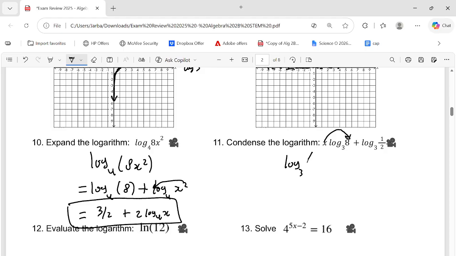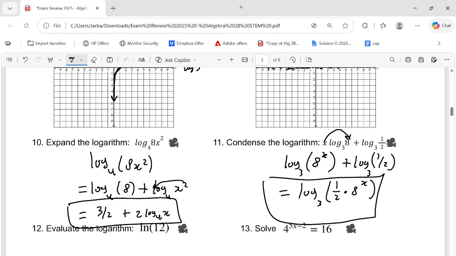So it's the same thing as log base 3 of 8 to the x plus log base 3 of 1/2. Now adding these things together on the outside is the same thing as multiplying on the inside. So it's log base 3 of 1/2 times 8 to the x. That is our final answer.